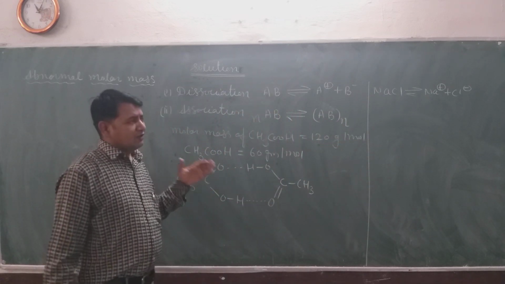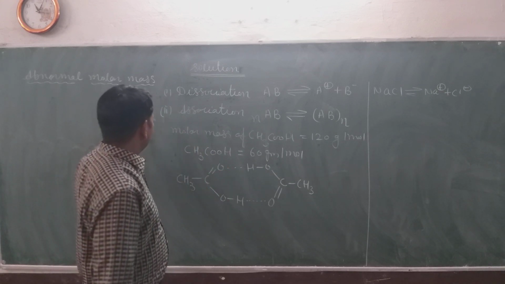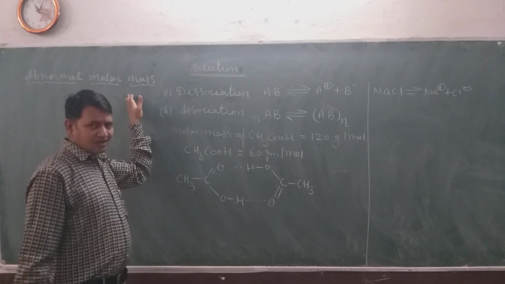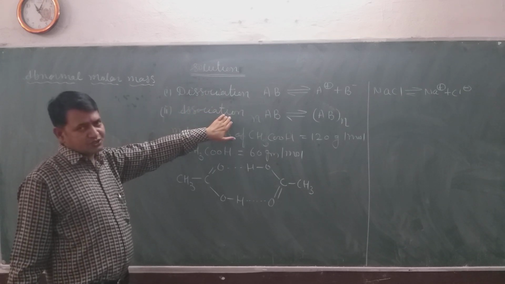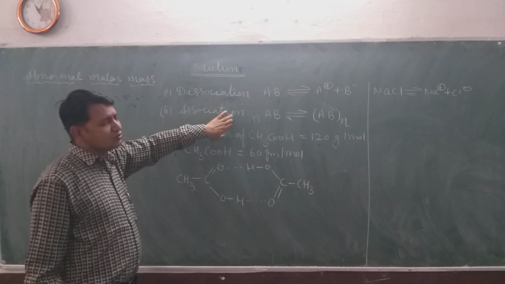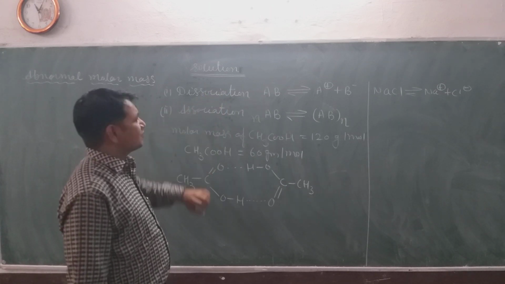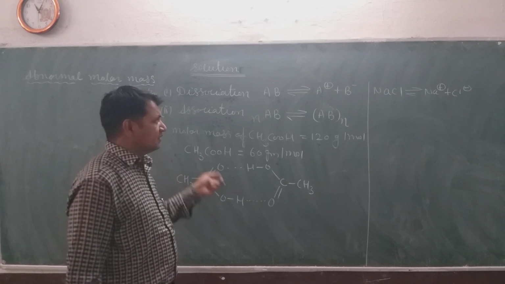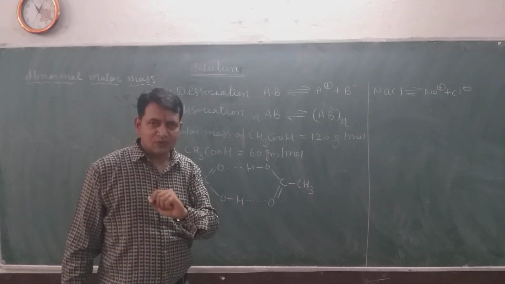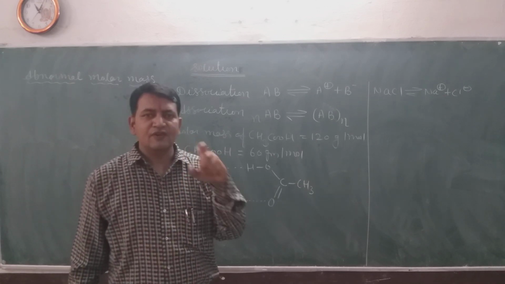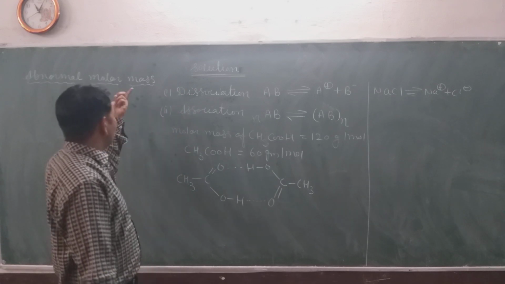So Van't Hoff concluded that in some cases where we obtain the abnormal molar mass, it is due to the dissociation process or association process, and due to these two processes the value of molar mass of solute is different, and this different value of molar mass of solute affects the value of colligative properties. So this is about the abnormal molar mass.